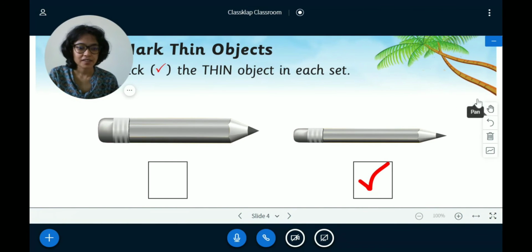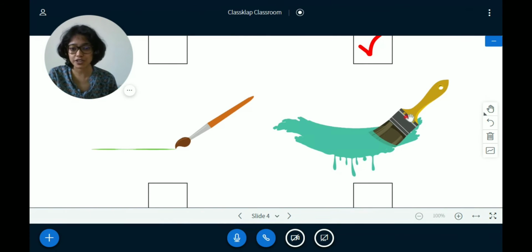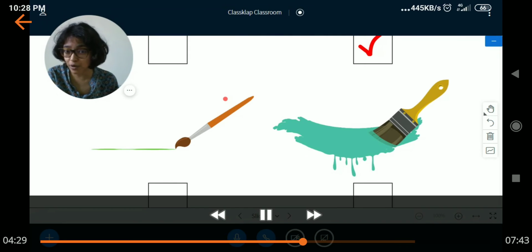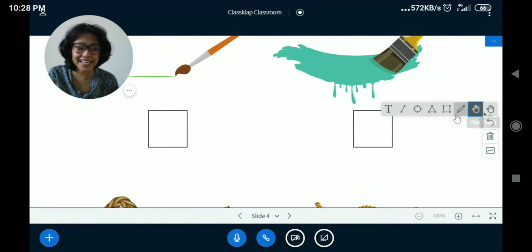Alright. What do we have next? There are two paint brushes. Is this the thick paintbrush or the thin paintbrush? That's right. It's the thin paintbrush. Come, let's tick it.